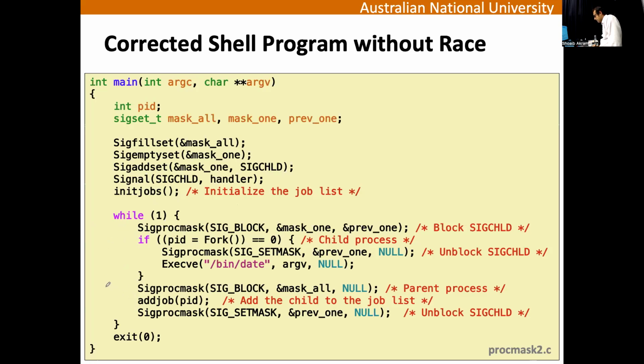If this is a program, the signal handler could run before this, right? So clearly I want to block SIGCHLD, but at what point should I block it? I want to block SIGCHLD before I'm sure that add job, I have added the job. So I want to block SIGCHLD, but at what point?